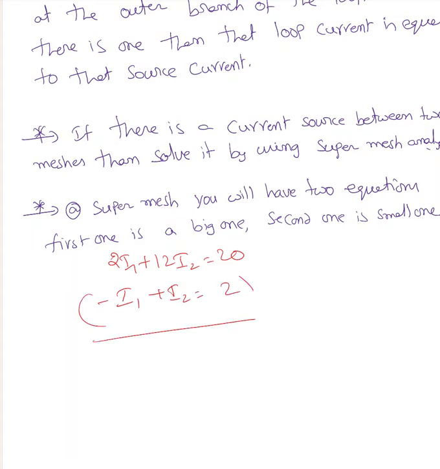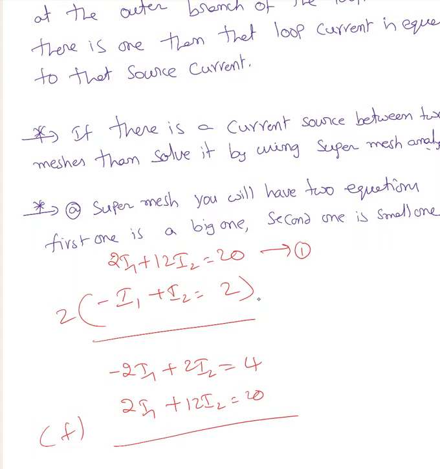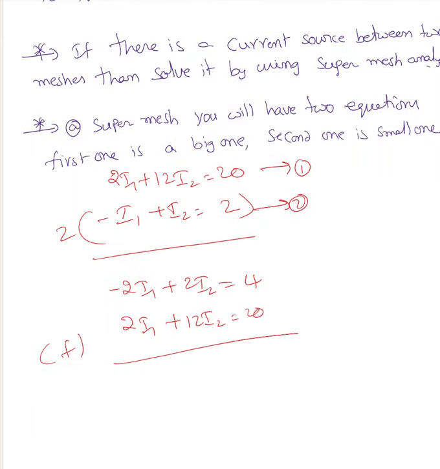I'm going to multiply the second equation by 2, so minus 2I1 plus 2I2 equal to 4. And 2I1 plus 12I2 equal to 20. I'm going to add these two. I'm multiplying the second equation by 2 to eliminate I1 from the first and second equations.